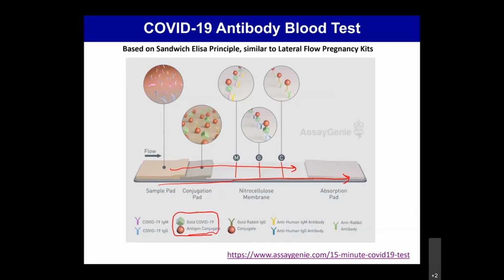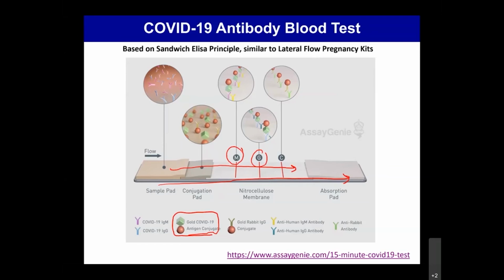Only if you have the right antibodies will they bind to this antigen, and eventually you will have either the IgM or the IgG line showing up with a specific color, and that is how you detect it. So this is what we use in antibody tests.